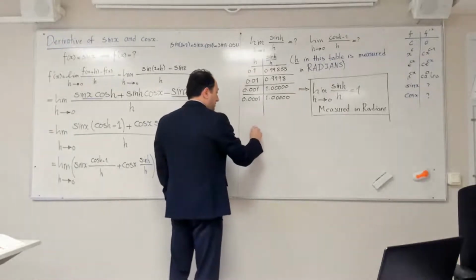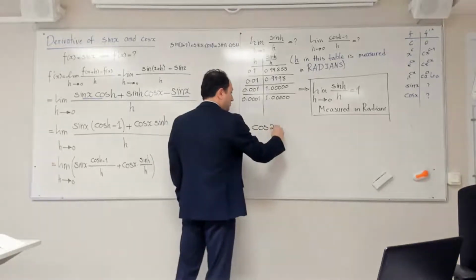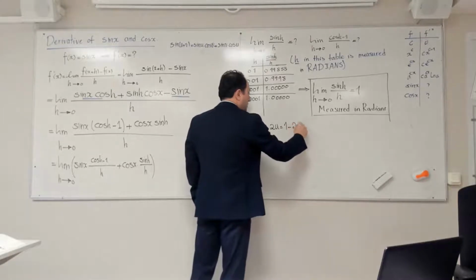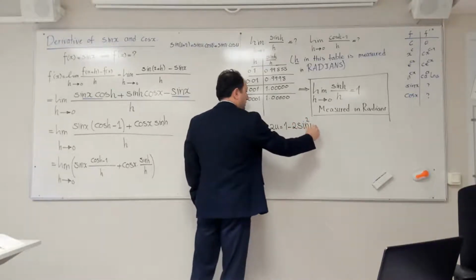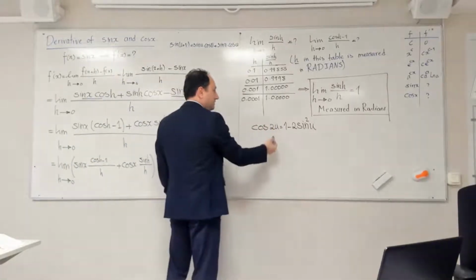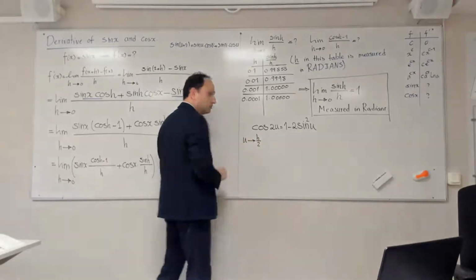Do you remember we had a formula of the double angle? Cosine of 2u was 1 minus 2 sine squared u. Do you agree? This was the formula that we had. Now, this formula is valid for all possible choices of u. Let me choose u to be h over 2.